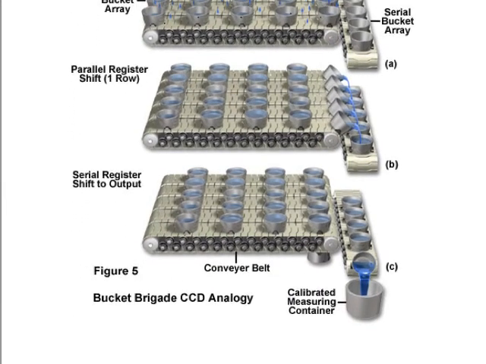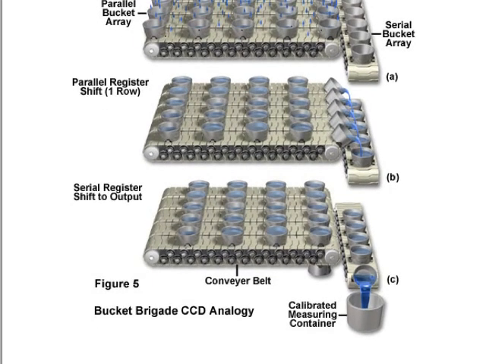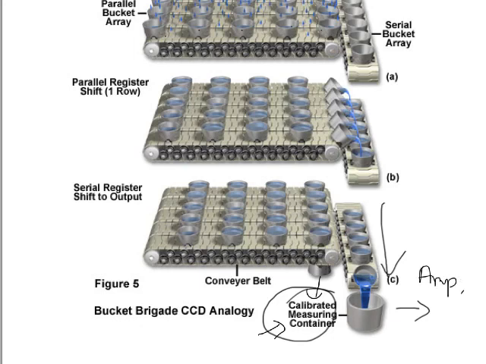And then if you have a look at the third picture, it's read out and collected at the end. In reality, this calibrated measuring container would represent the amplifier and an analog to digital converter, which is what finally produces the binary signal.